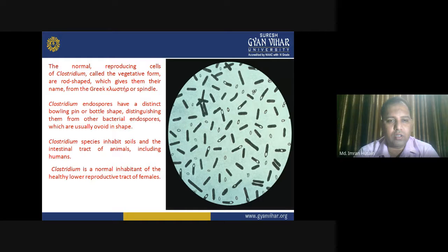Clostridium species inhabit soils and the intestinal tract of animals, including humans. So their habitat is very diverse. They are not only found in soil but also in the intestinal tract of animals.